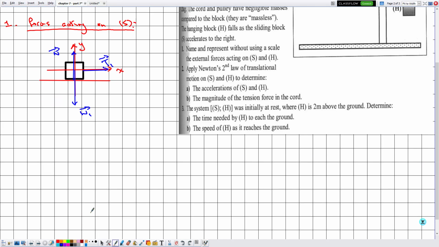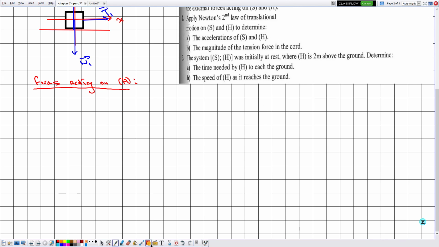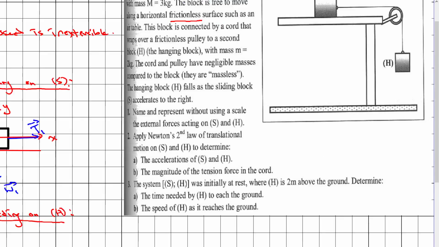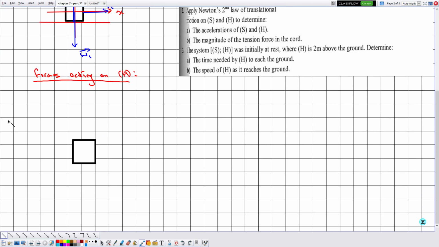Now let me represent the forces acting on H. This is the hanging mass. Because H is falling down, it's convenient to take the positive x direction in the direction of motion, which is downward like this. So this is the positive direction of the x-axis.